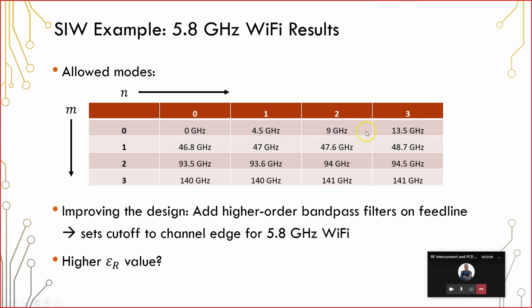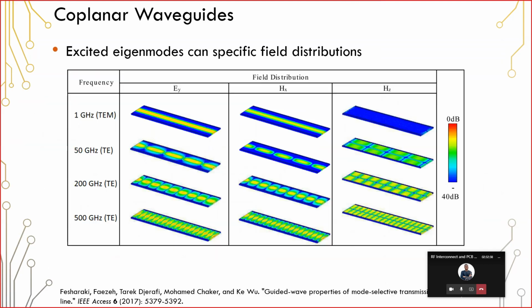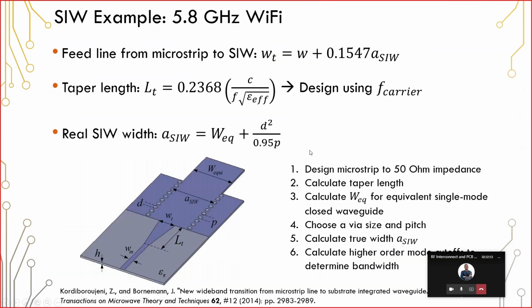Now, this table is also telling you that you could actually transmit also between 9 and 13. However, you're going to have a different mode distribution. So instead of it just being this one mode, like we have here in this 50 gigahertz example, it could look something like this, where we have these two lobes distributed across the cross-section of the substrate integrated waveguide.